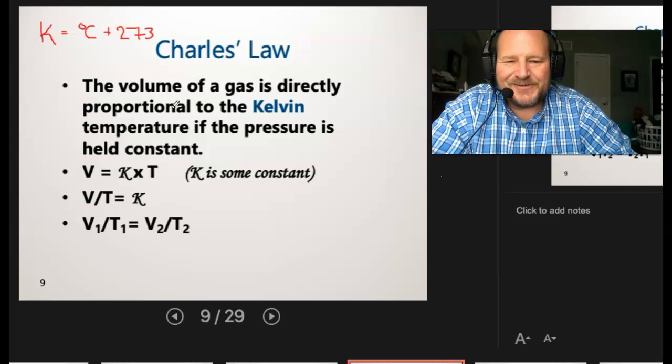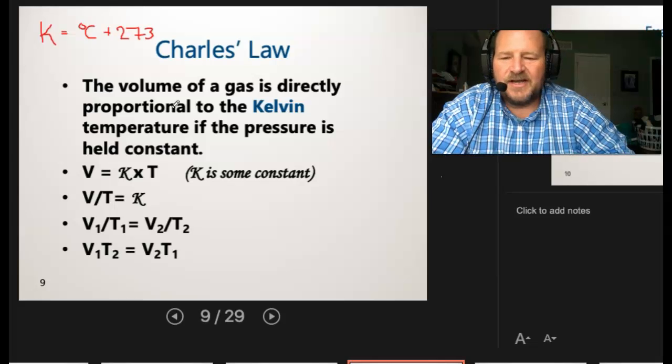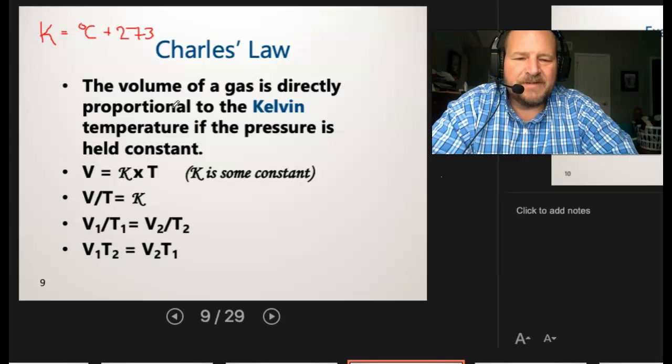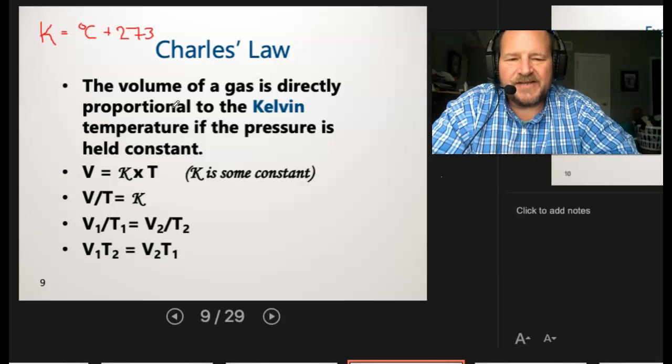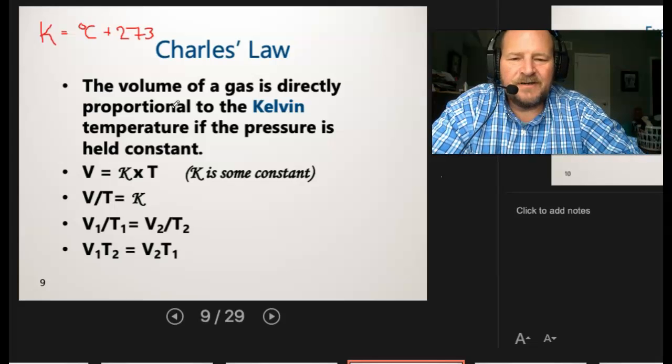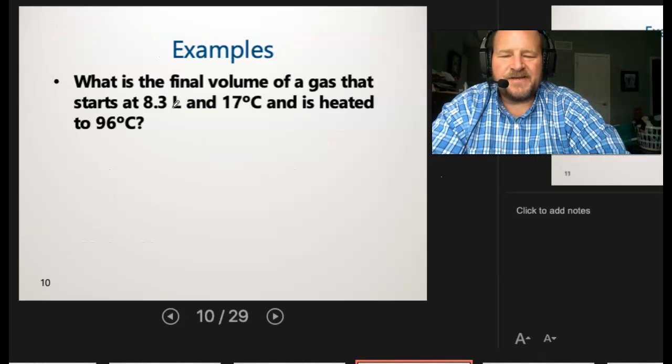That tends to confuse students. I've learned through the years that the better way to represent Charles' law is V1 T2 is equal to V2 T1. This way you don't get the inverse of the answer. It's lined up for you so that you have the volumes and the temperatures on the top line rather than in the denominator. All right, let's take a look at some problems for this.